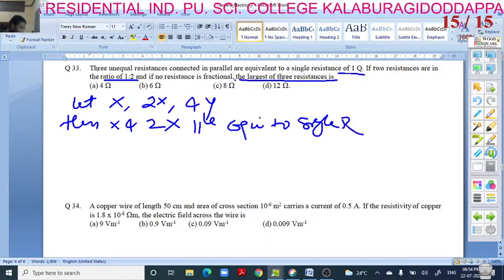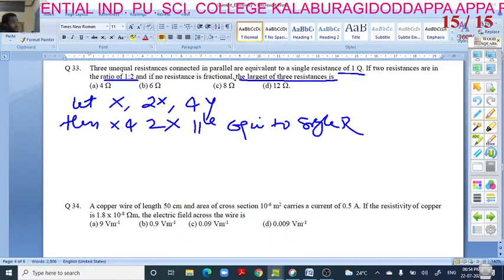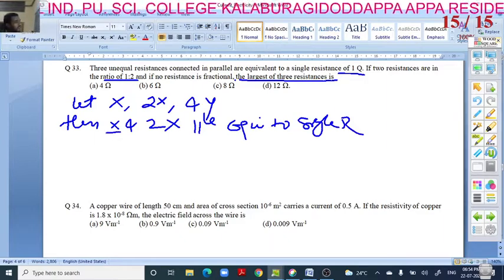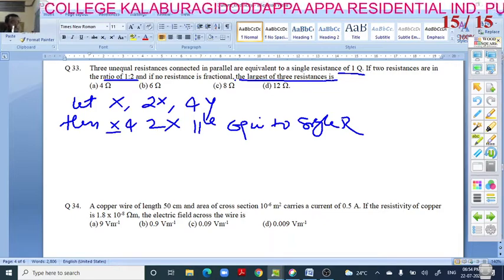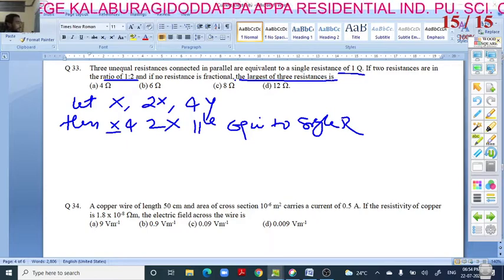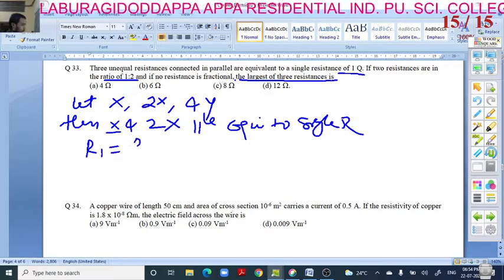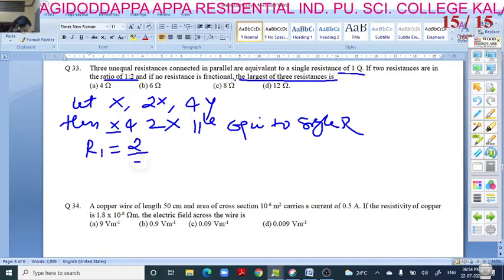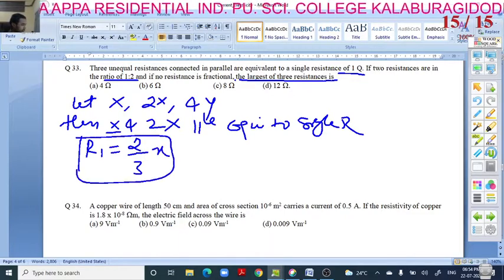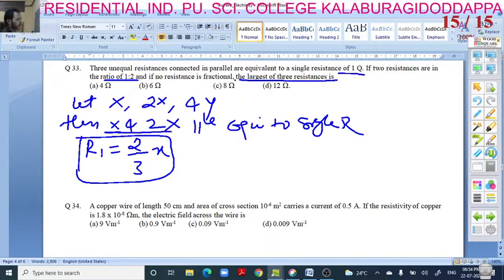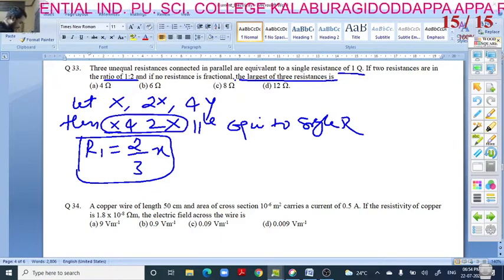Apply the parallel formula for x and 2x: 1 by R1 is equal to 1 by x plus 1 by 2x. By simplifying that, R1 is equal to 2 divided by 3x. This is the R1 value we got. The parallel formula has been applied for these two resistors.